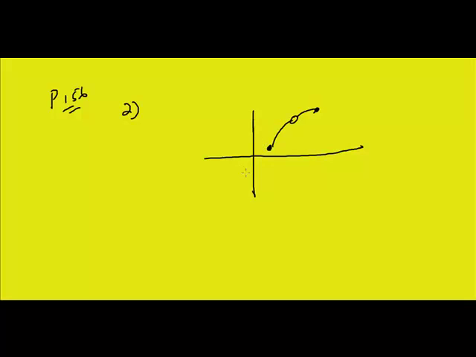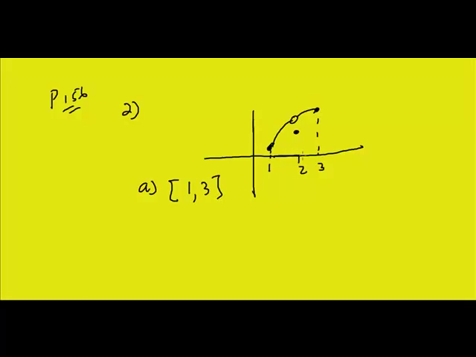We have A, B, C, D. So let's go with 2, and then they give you another value here, and that's 1, and then this one is 3. First one, A: is the function continuous on closed interval 1 to 3?